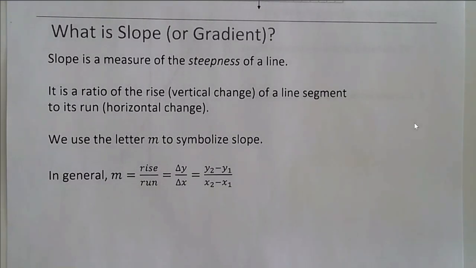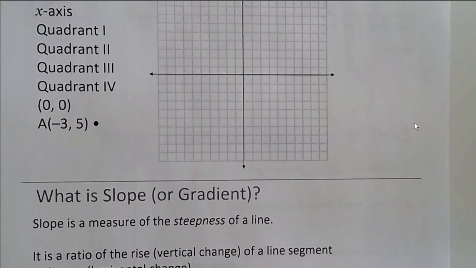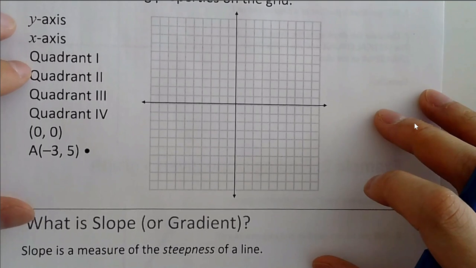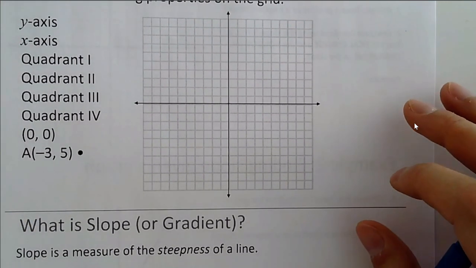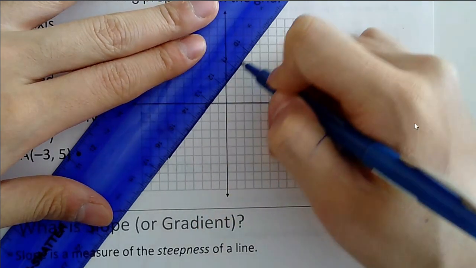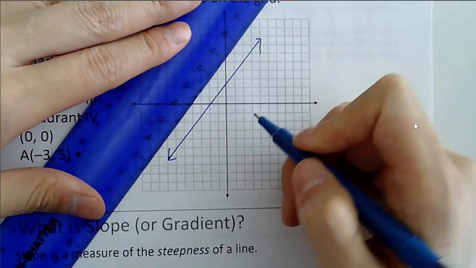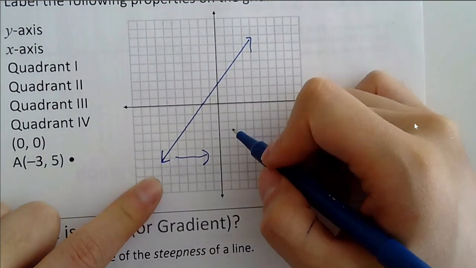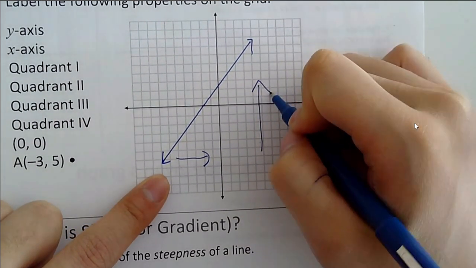And in math, the slope can either be positive or negative. Remember that we read from left to right. So if I have a line that goes like this, reading from left to right, we know that this graph is increasing.